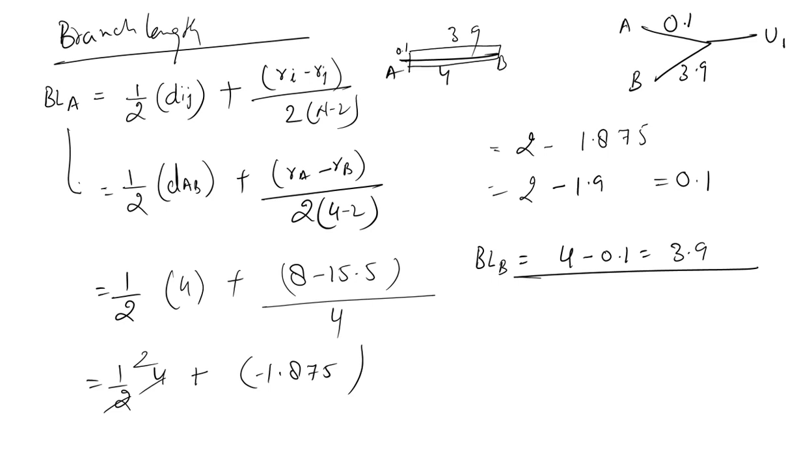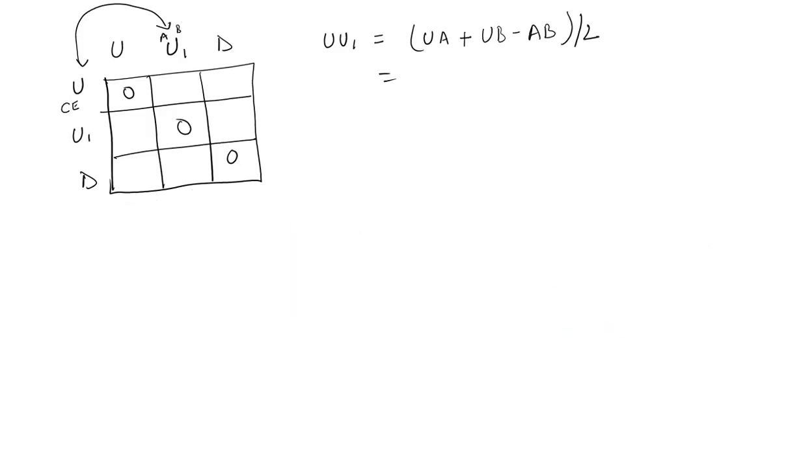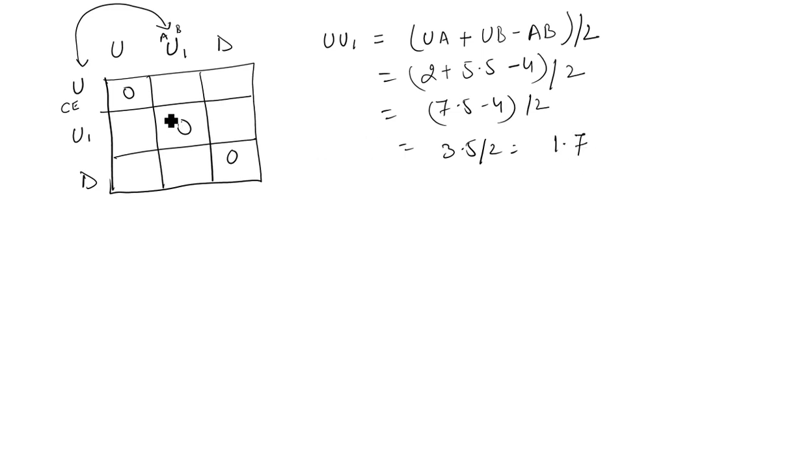UA is 2, UB is 5.5, minus 4, divided by 2. So it will become 7.5 minus 4 divided by 2, 3.5 divided by 2, it will become 1.7. So this value is 1.7.